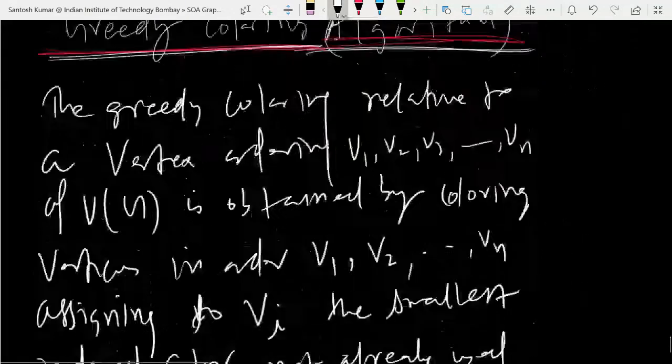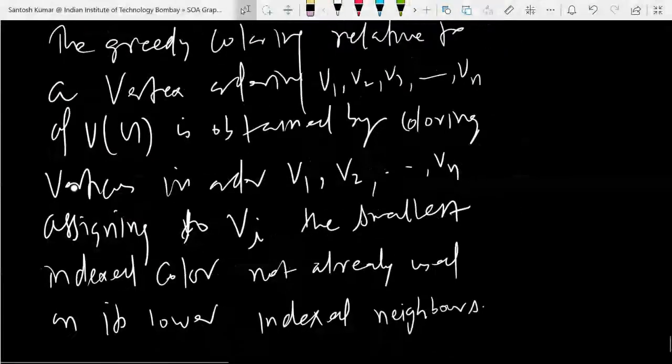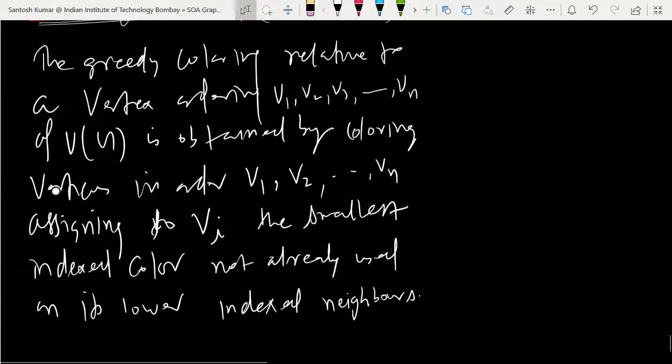Okay, you might be feeling this is a complicated sentence, but let me read it once. Greedy coloring relative to a vertex ordering v1, v2, vn of vertex set is obtained by coloring vertices in order, like v1, v2, vn, assigning to vi the smallest indexed color not already used on its lower indexed neighbors.